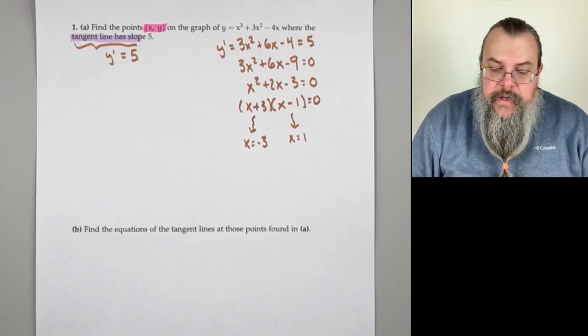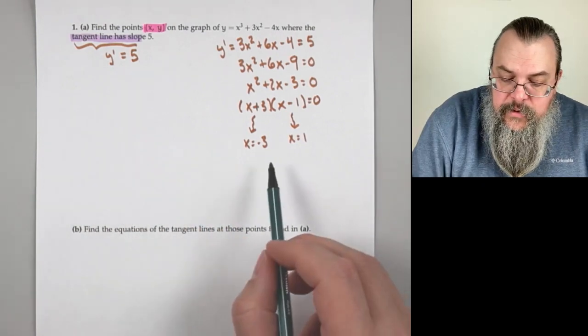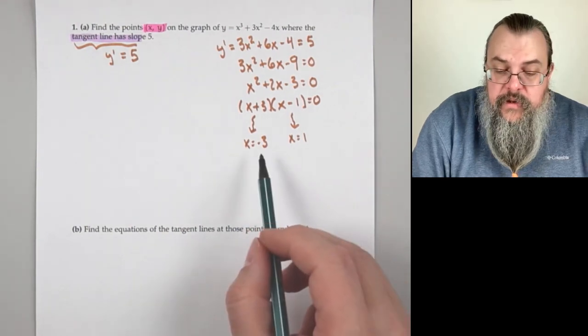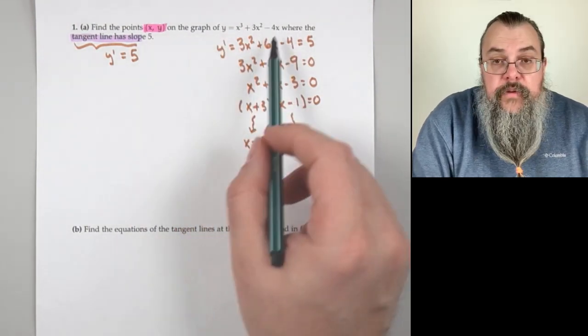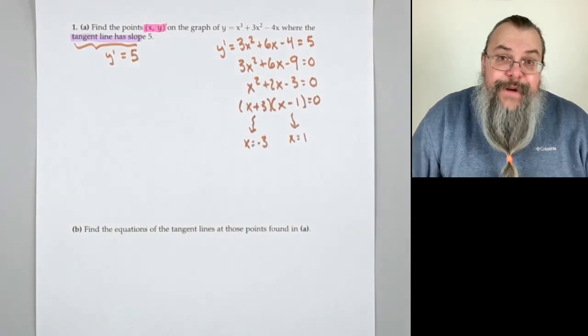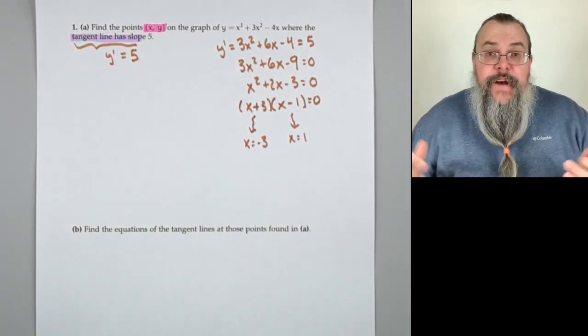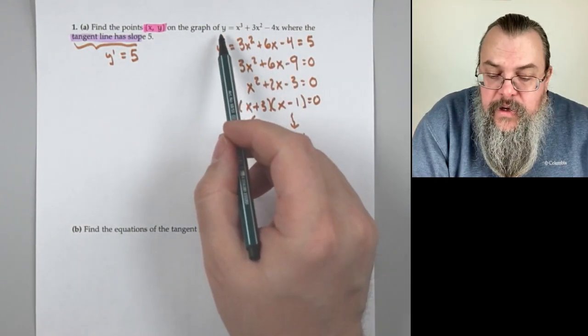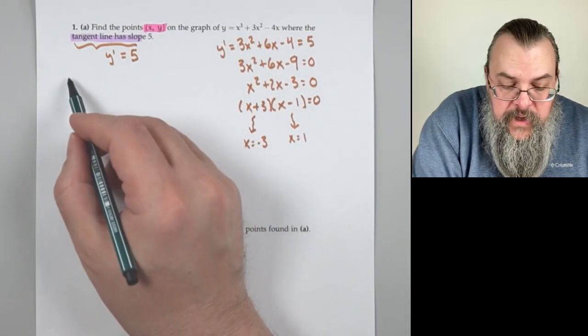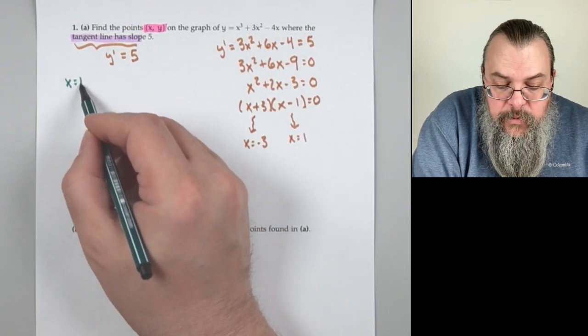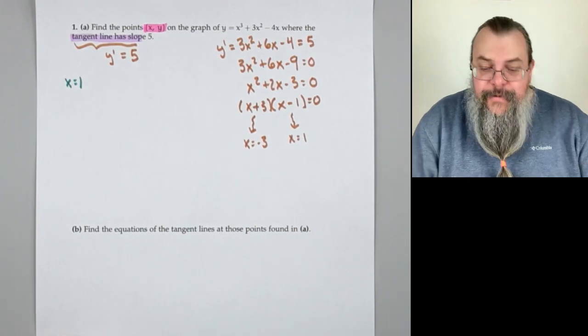Well, that's not too bad. We plug each one of these into the y equals, not the y prime, because if we plug into y prime, we're going to get 5. And that's not what we're after, we're after the y. So we plug it into the y equals. If we start with x equals 1, might as well start with the easier one first.